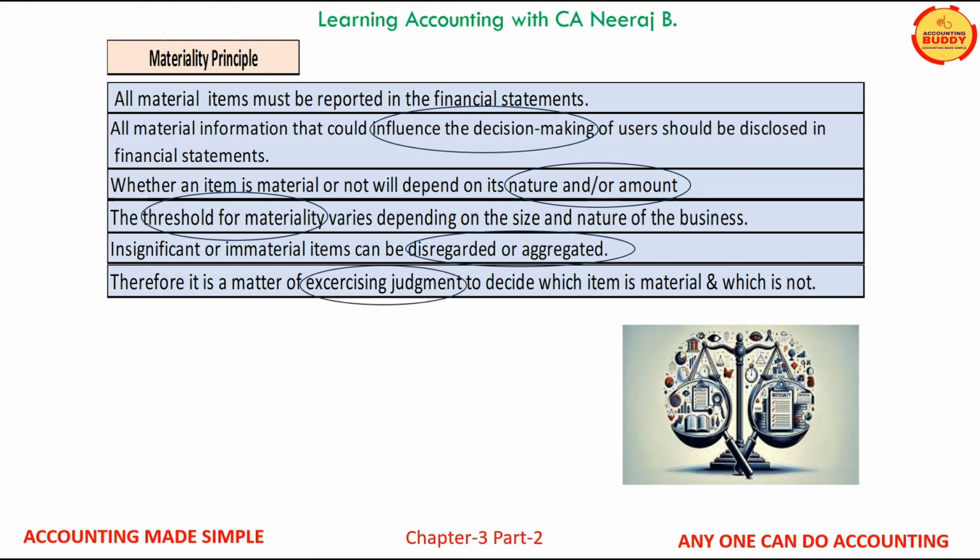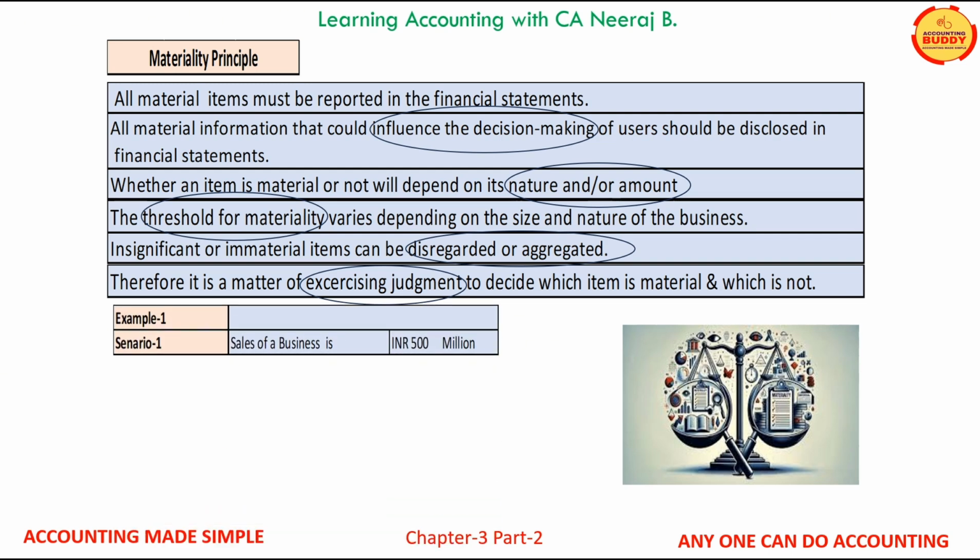Let us understand the materiality principle with an example. In scenario 1, sales of the business is INR 500 million and the customer defaults on payment of INR 1000. Now in this example, default of INR 1000 is not a significant event for a business having sales of INR 500 million.